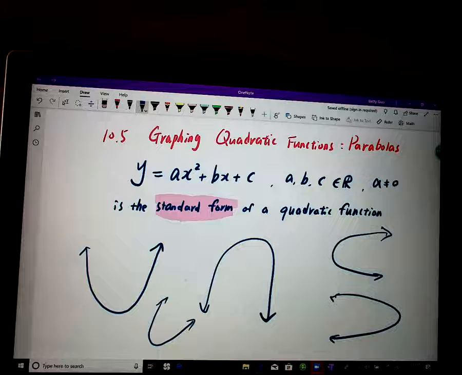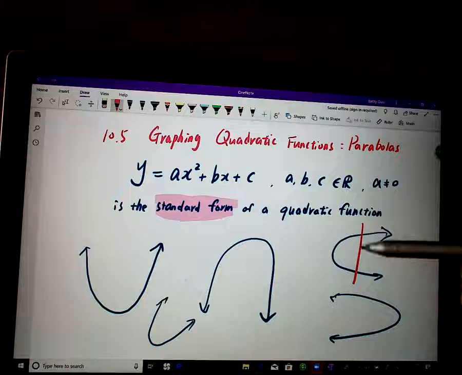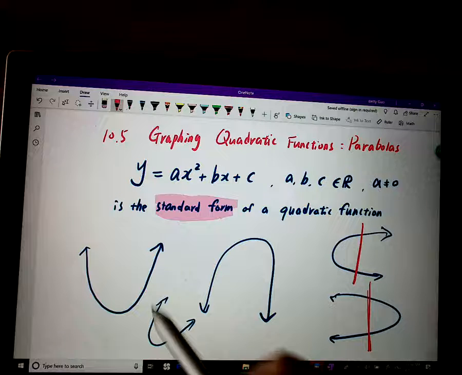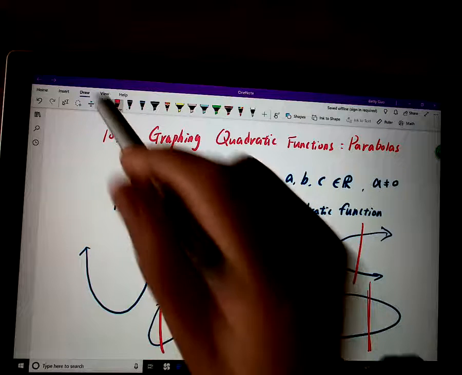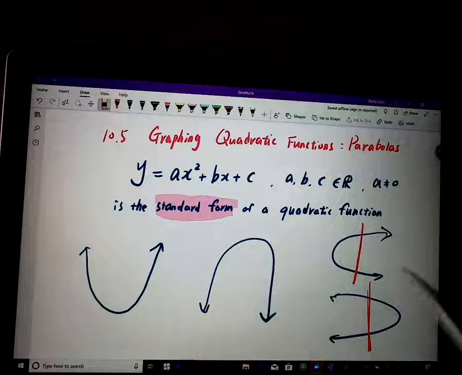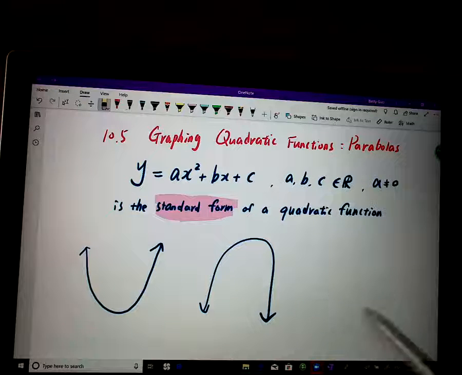But think about our vertical line test. This graph does not pass the vertical line test. So this graph could not represent a function. Same thing here. So parabolas facing to the right or to the left or any other direction are not going to be functions.